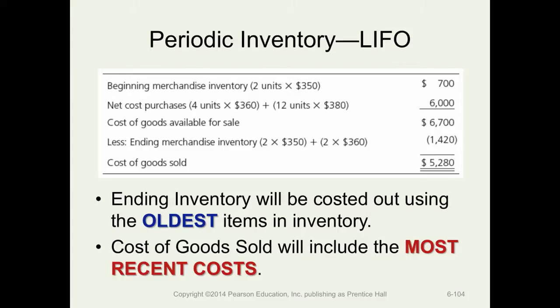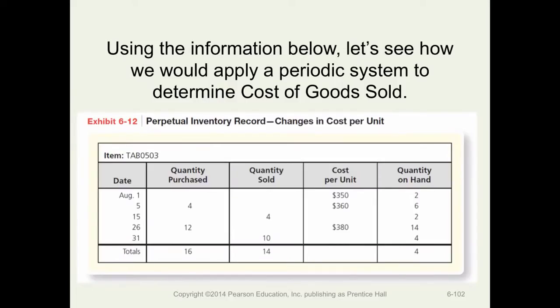And in this case, if we go back, we know we have 4 units left in ending inventory. And we know that under LIFO, the last goods in are the first ones out, and the ending inventory is the oldest units.